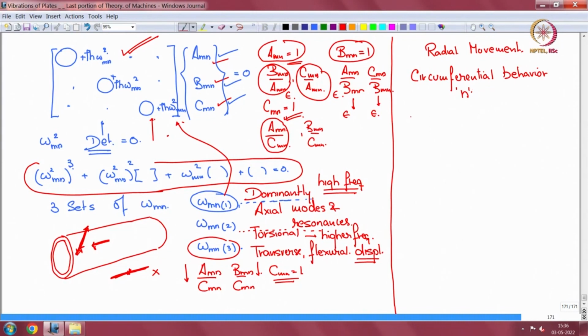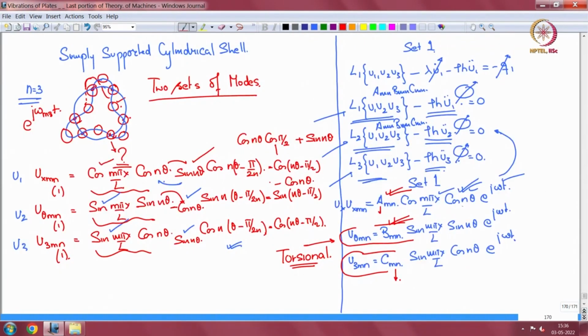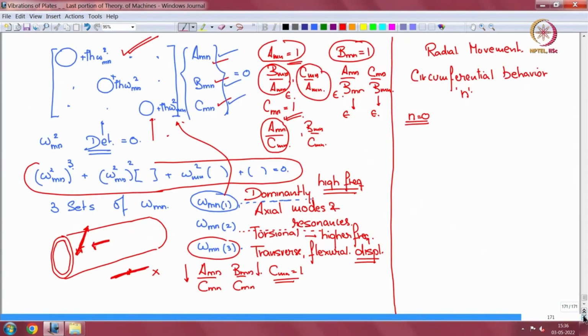So how does n equal to 0 behavior look like? If n equal to 0, you can see here that this goes to 1. There is no theta dependence. So that means if I have a nominal initial radius, it uniformly expands without theta dependence and uniformly contracts without theta dependence. This is in one part of the cycle and this is in the other part of the cycle. This is n equal to 0 movement.